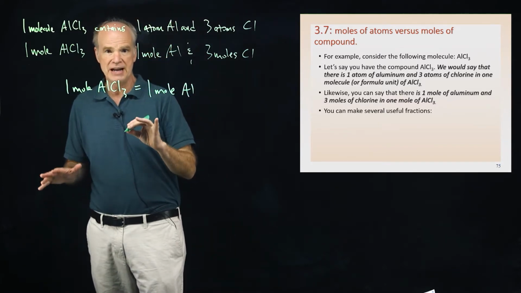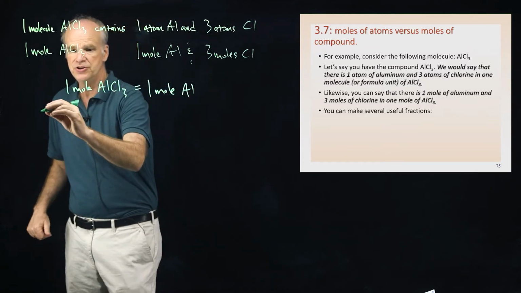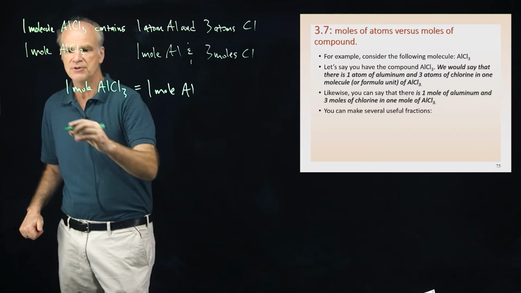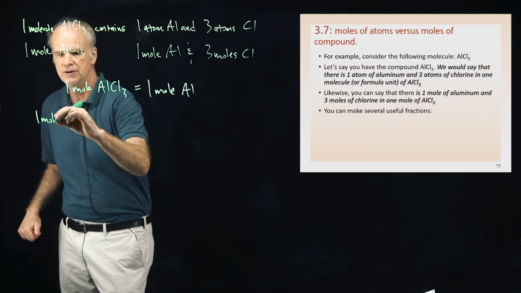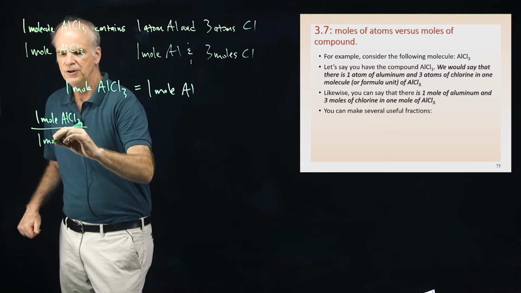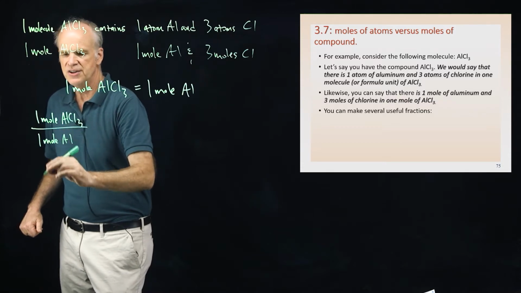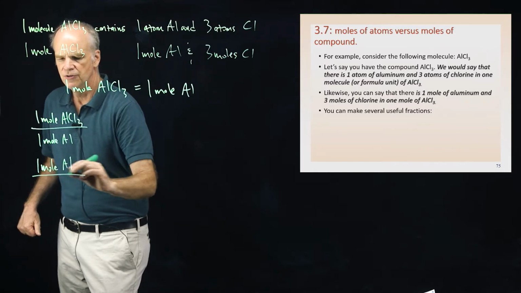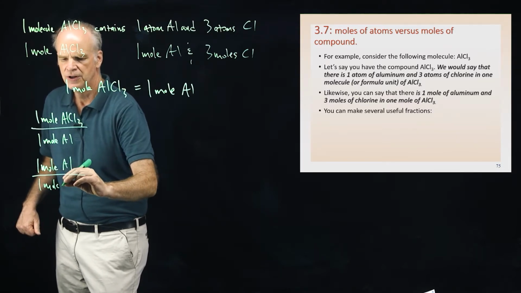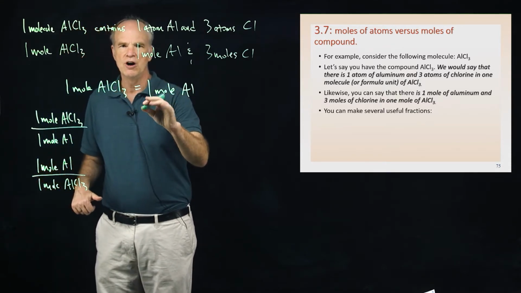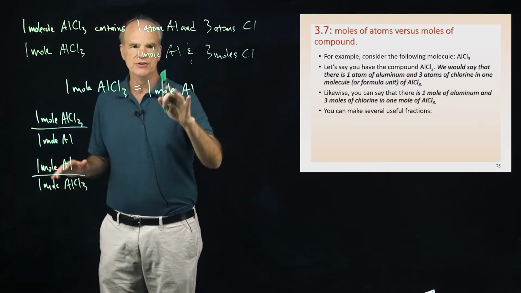Let's write out some fractions from this. You could put the left number in the numerator and the right number in the denominator. So you could write 1 mole of aluminum chloride over 1 mole of aluminum, and you can write the reverse, 1 mole of aluminum over 1 mole of aluminum chloride. This is not the only equality in these word equations.